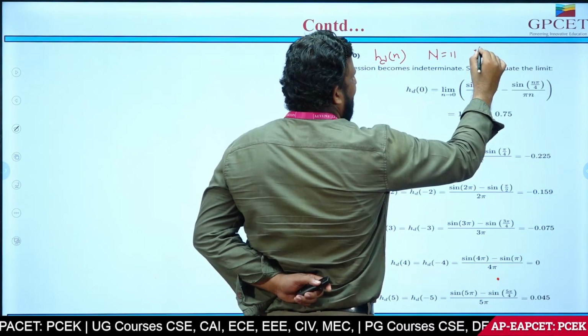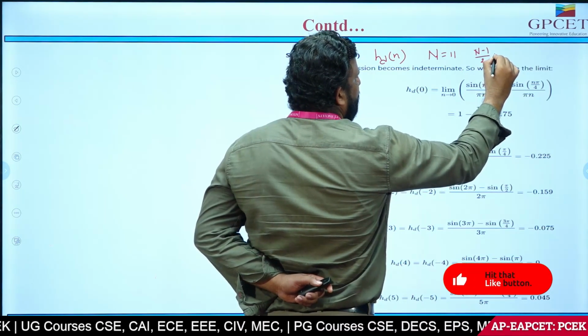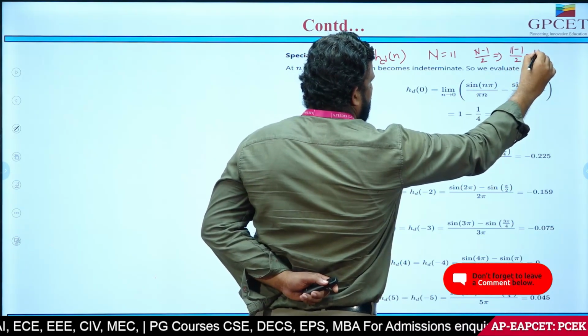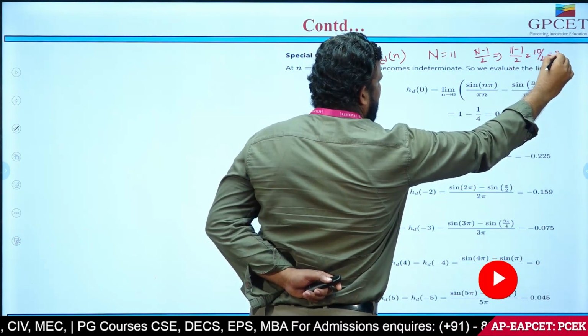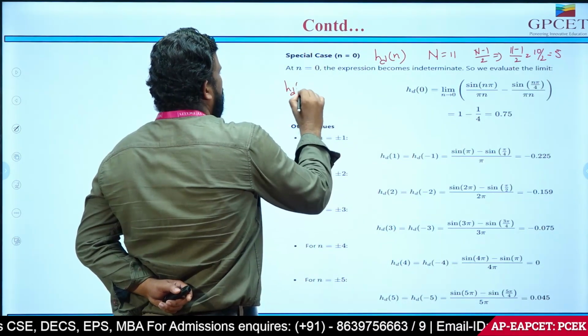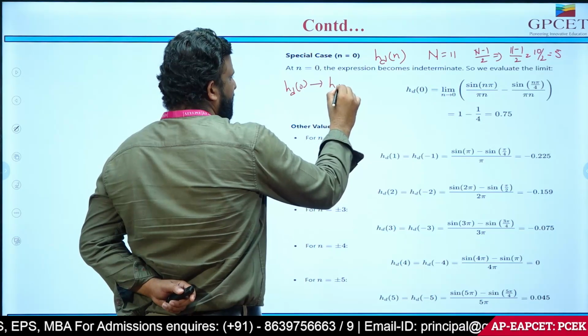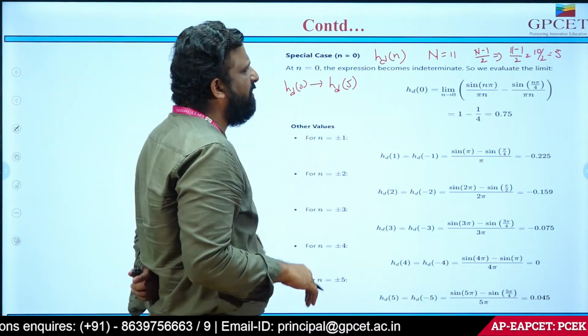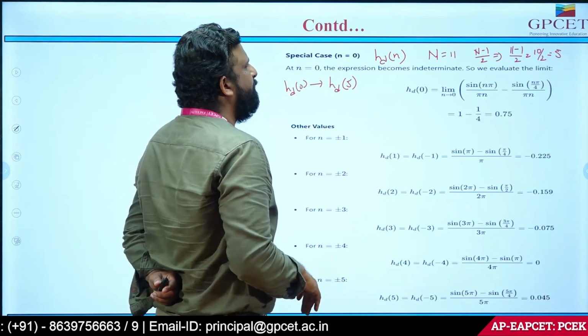That is (N minus 1)/2, where N is 11, so 10 divided by 2. In total, we need 5 values, that is hd(0) to hd(5). So we are going to find these many values to get the coefficients of the desired impulse response hd(n).